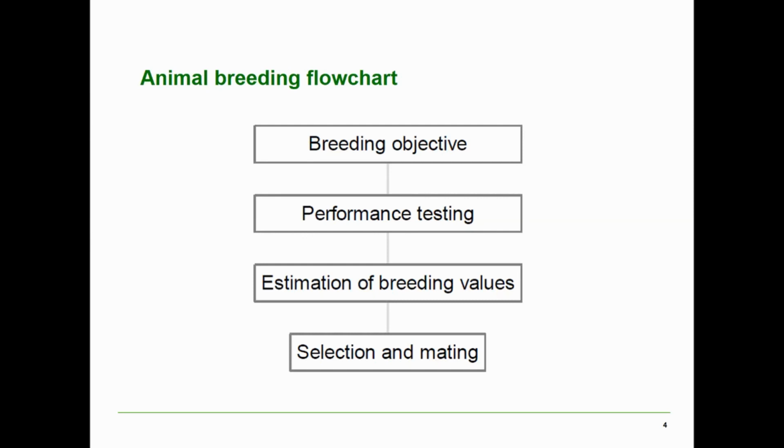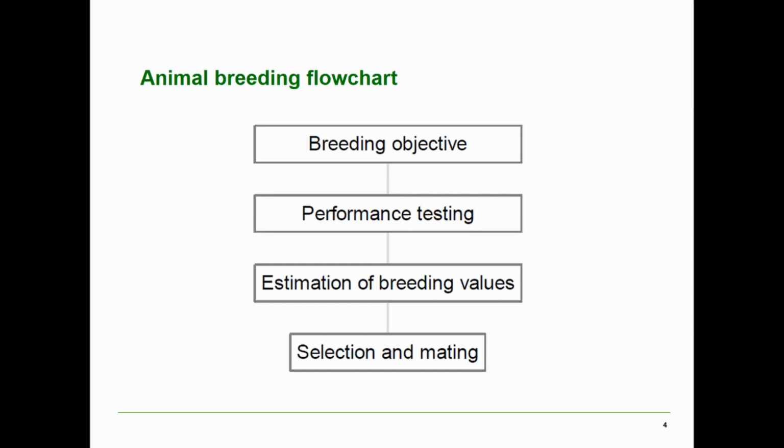Just a spoiler alert, nowadays this is done exclusively with computers. So we have these breeding values, and we use them for selection and mating. So we select the best animals and mate them to achieve progress.